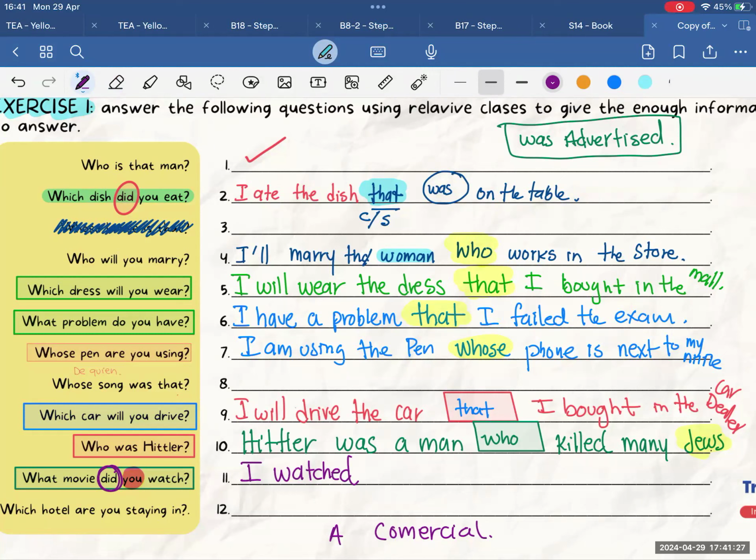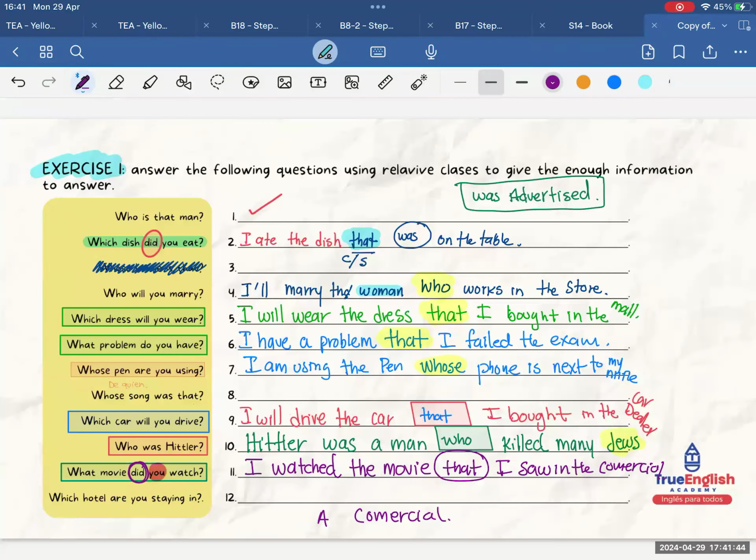I watched the movie that I saw in the commercial. Excellent. That I saw in the commercial. Very good. Yes, Selena, you got it. You got the idea. And the connector that. Excellent.